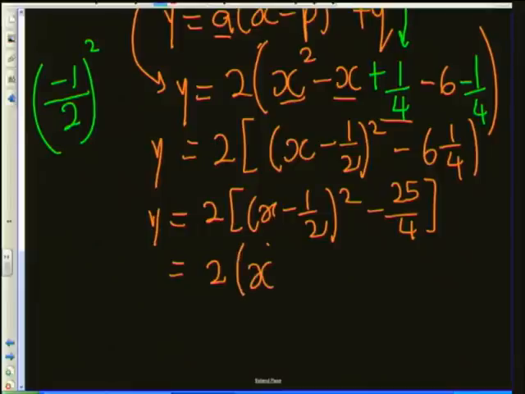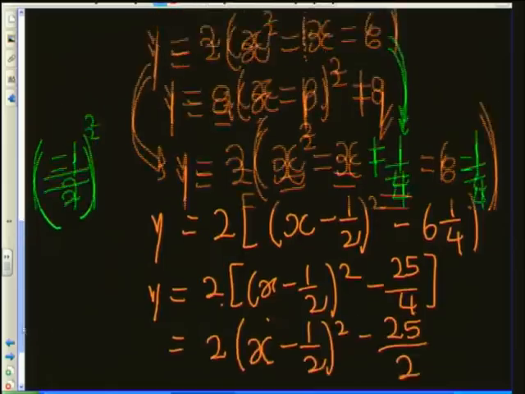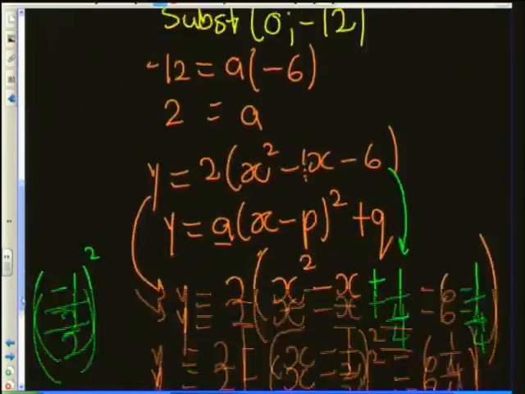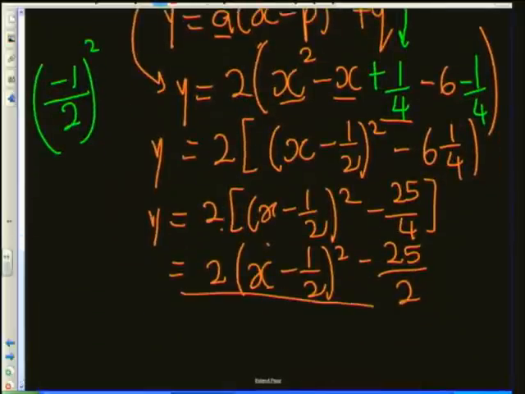I'm just distributing the 2 into the big bracket, so it's 2 times the small bracket. So there's my x, there's my p, and then 2 times the last term will give me 25 over 2. Okay, and there we are. So the question was, we need to write down the equation, and we've done just that. There's the equation in that format.